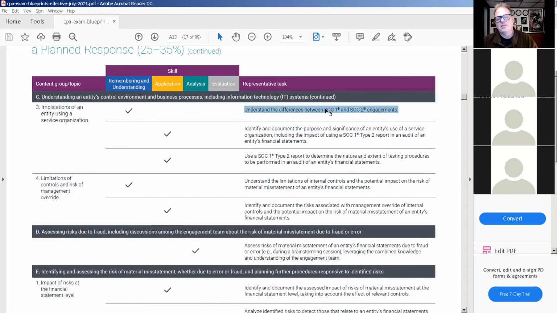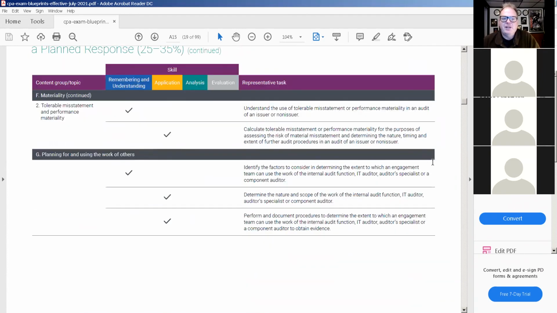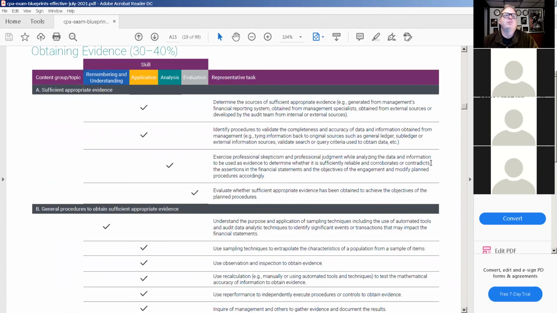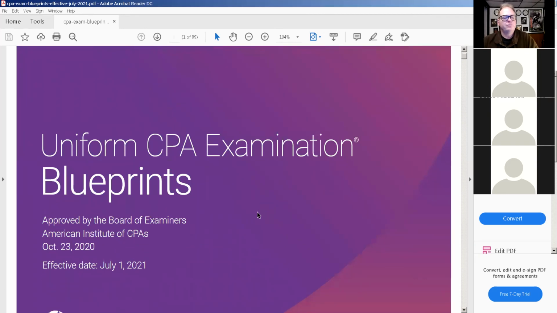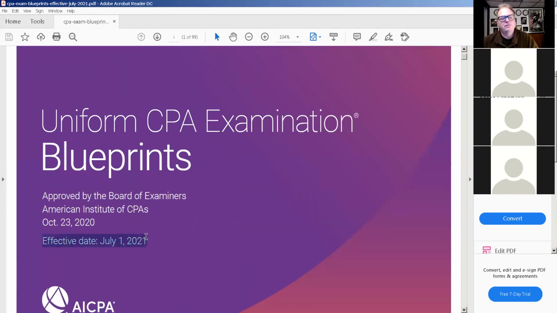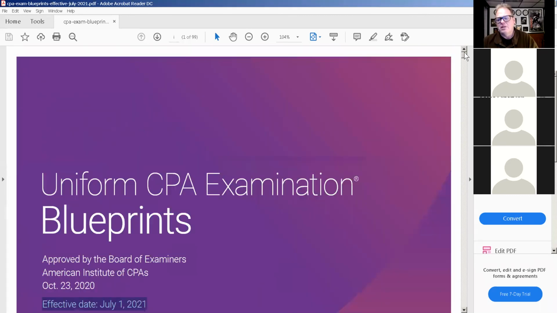Remember, there's not that much to those because it's actually an audit that somebody else is doing and you're using it in your report. So there might be a little bit about how you use their audit report in your audit report, but for the most part, it's fairly simple. Anyway, this is the blueprint that they'll be using, and the effective date is July 1st, 2021. So I'll send this out to you guys.